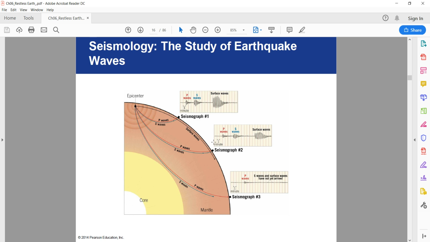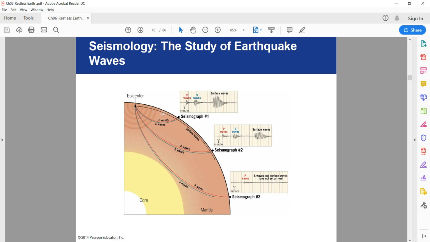And you have these seismographs or seismometers, the instruments that I just talked about. Those are located in different parts of the earth, and they will register these waves as they arrive. Here you can see surface waves traveling, body waves traveling, and they are being registered at these different seismographs.